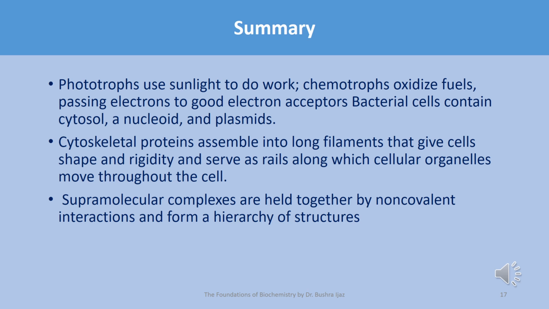We have looked at the supramolecular complexes, which are held together by non-covalent interactions and form a hierarchy of structures, some visible with the light microscope. When individual molecules are removed from these complexes to be studied in vitro, interactions important in the living cells may also be lost.